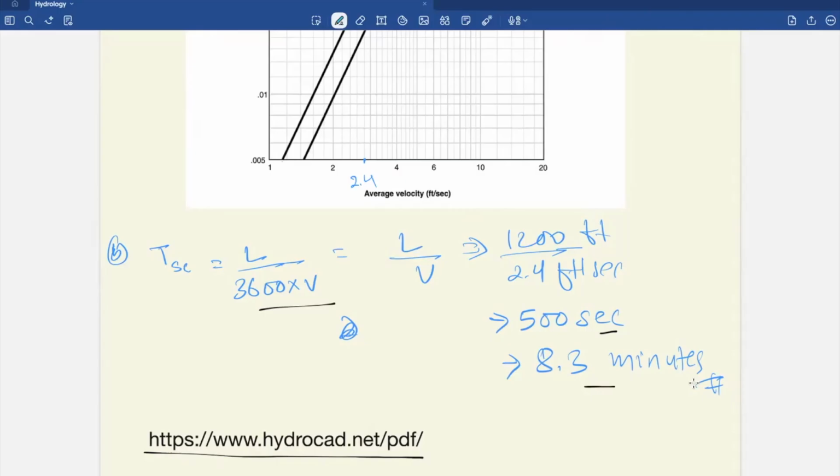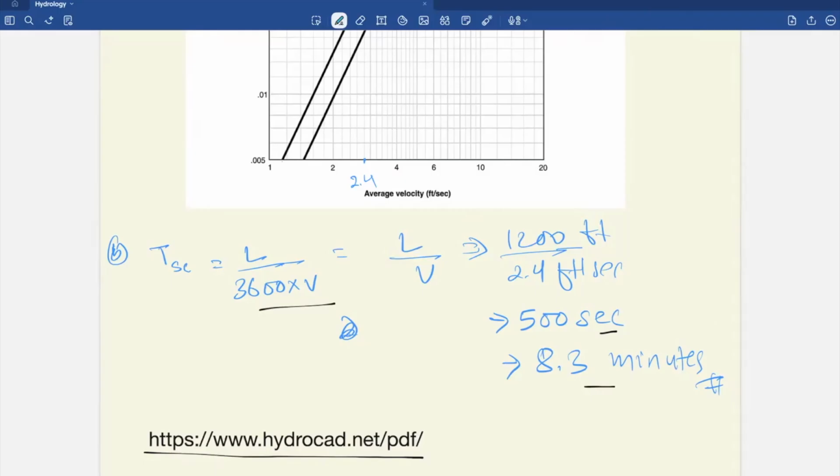Problem one, the rational method, uses that intensity to calculate the peak discharge, simple, fast, and perfect for a small urban catchment. Problem two, the unit hydrograph, gives us the full time-varying response, critical for designing detention ponds, basins, sizing culverts, and understanding how storms of different patterns produce different floods.